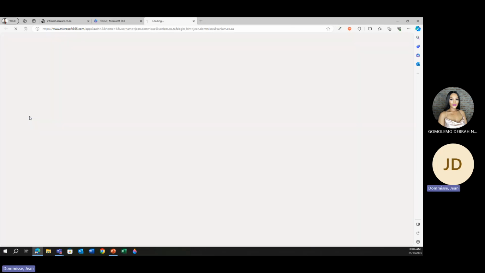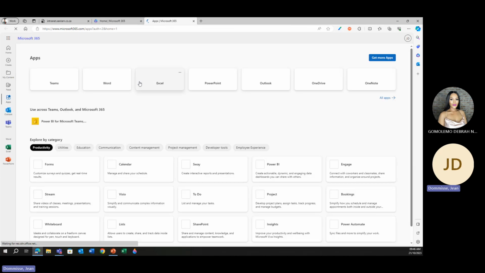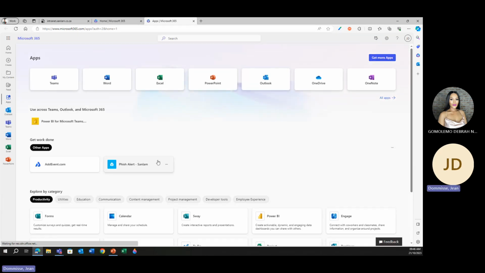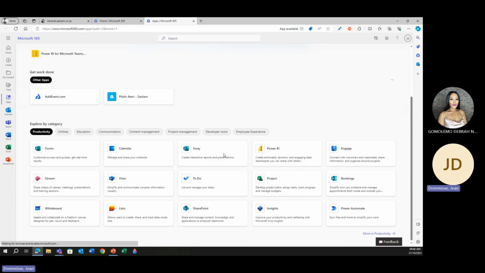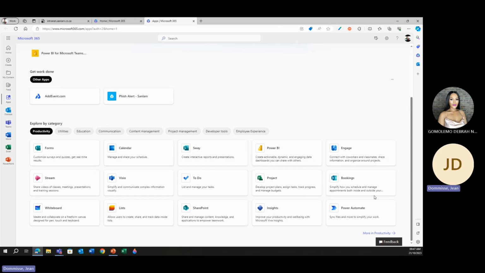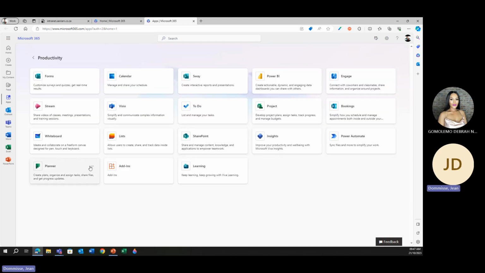I think all of you through my UNISA have access to it. So that is just if you are allowed to use certain things.